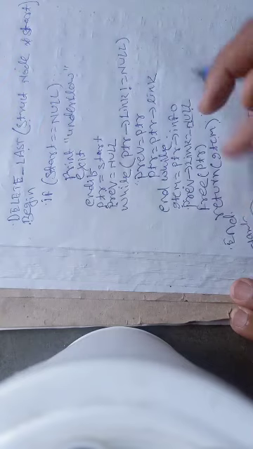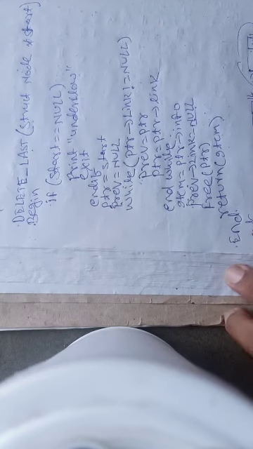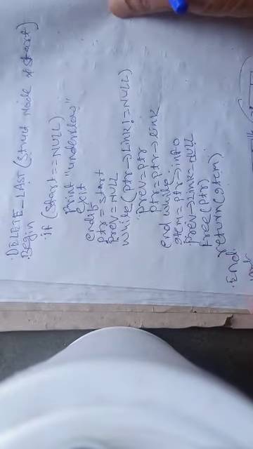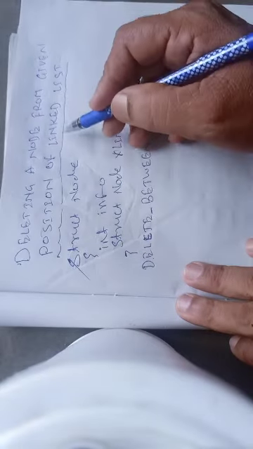Okay guys, so from here to here, these are the steps that will remove a node from the end of a linked list. Next we will see removing a node from any position. Now, deleting a node from a given position of a linked list.